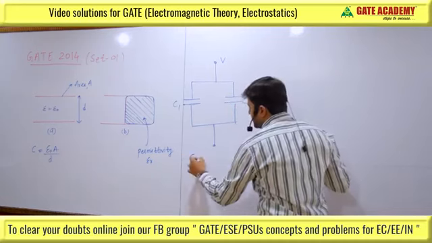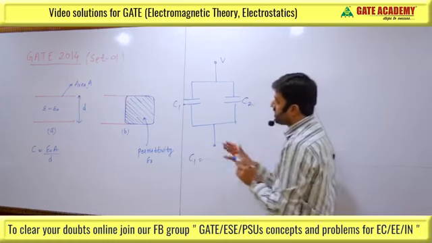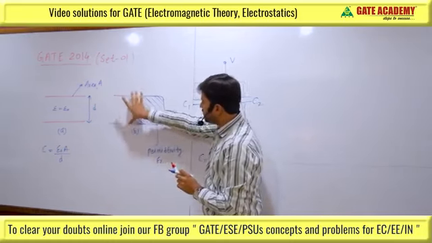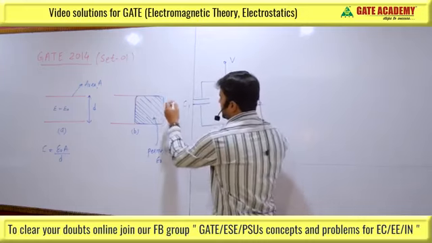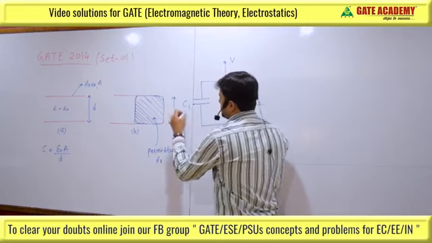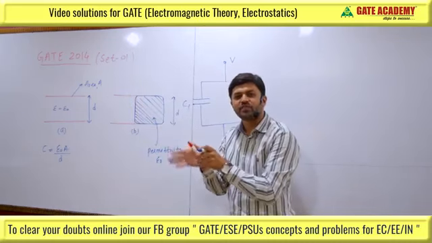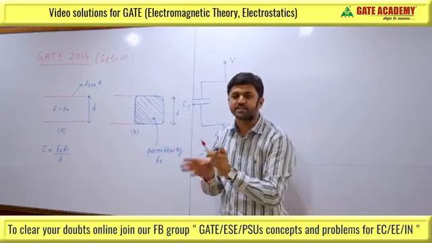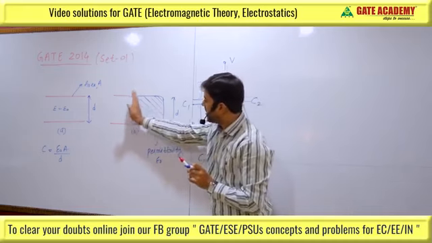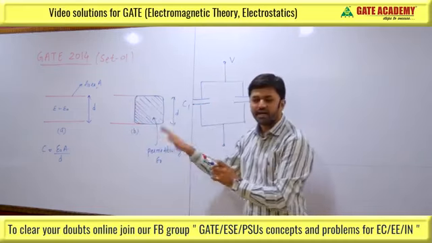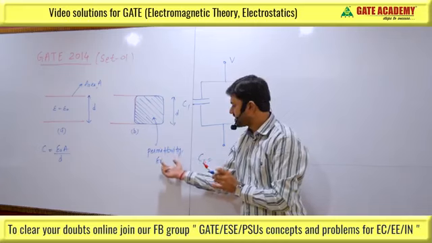For this half portion the distance between the plates remains the same, but the area of the plate that comes into effect is just half, because the other half is filled with a different dielectric constant.